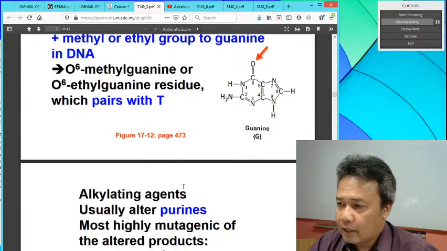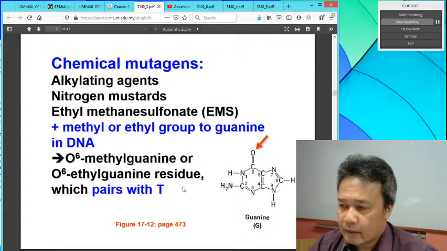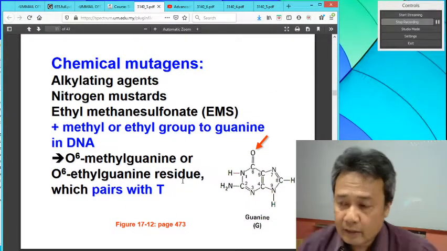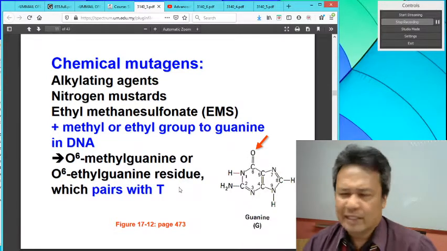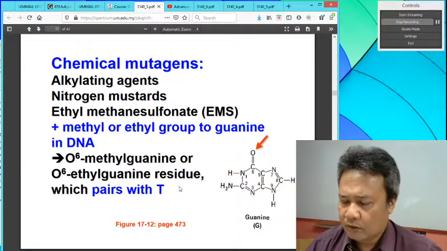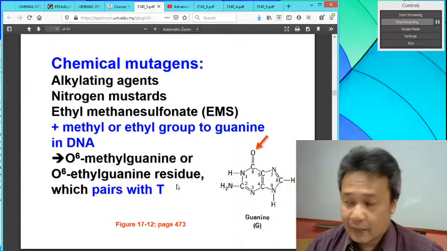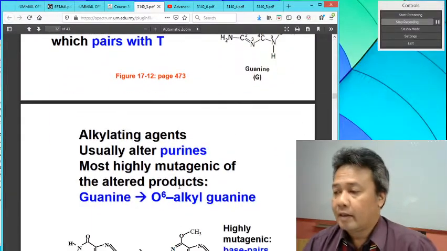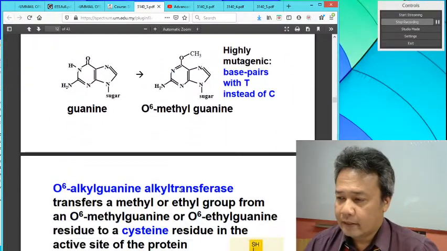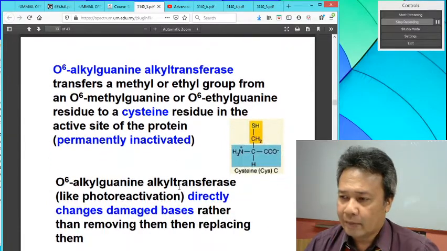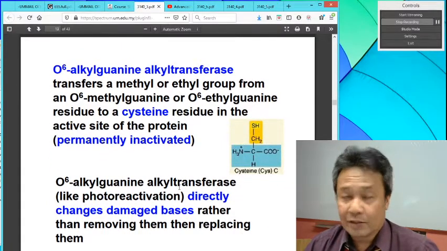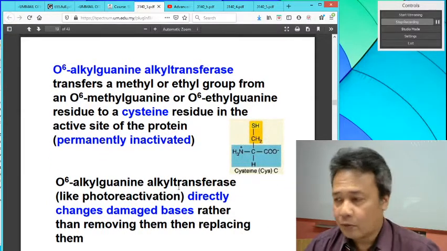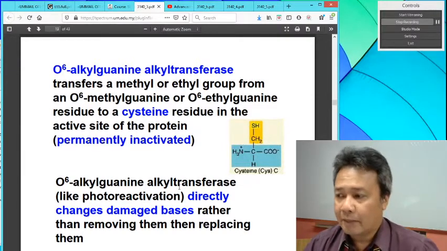The other one is O6-methylguanine, which tackles the issue of when bases are methylated. Alkyl guanyl alkyl transferase attaches itself and transfers a methyl or ethyl group from the methylguanine.